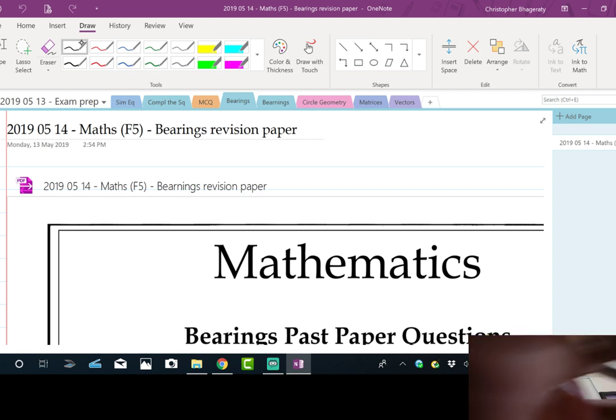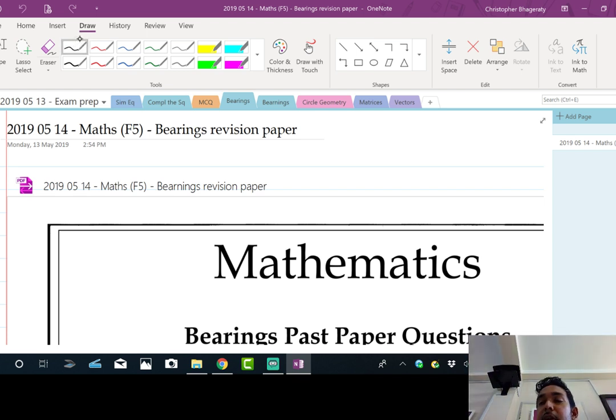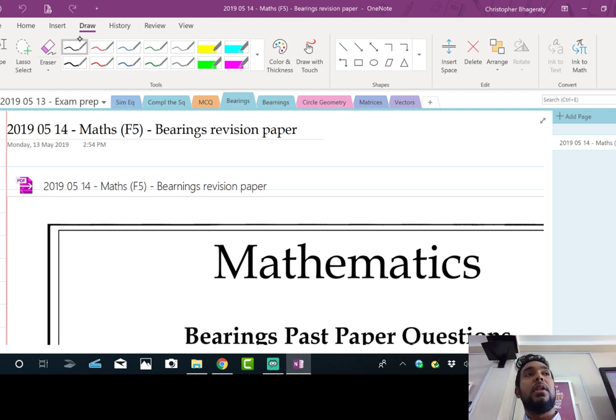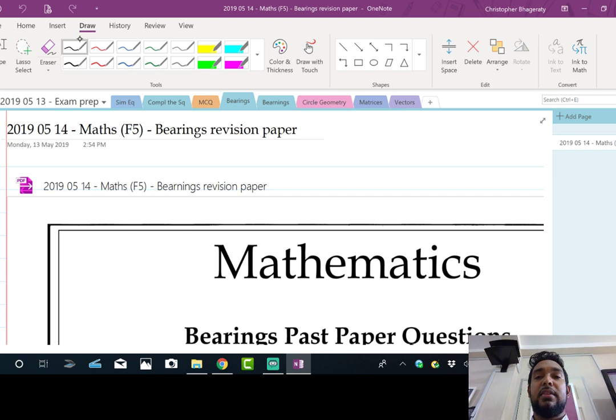So today, what I want to do is go through those variance questions. Of course, we do not have infinite time, and things take time to explain and to work out. So the objective is this: we're going to hit bearings first, followed by circle geometry, then at a little after 6 we'll take a short break, and after the break we will do matrices and then vectors.